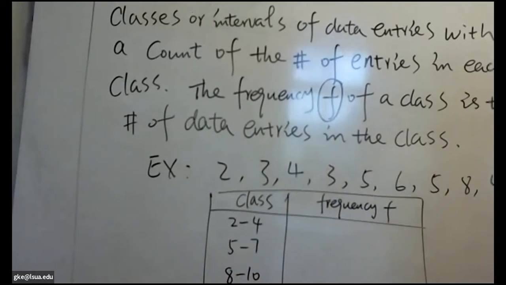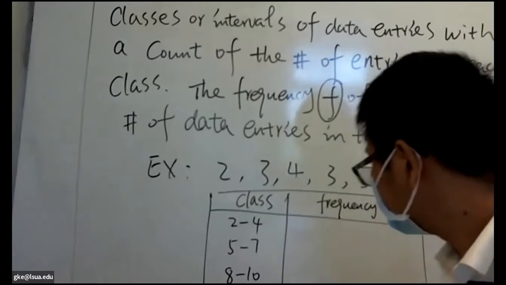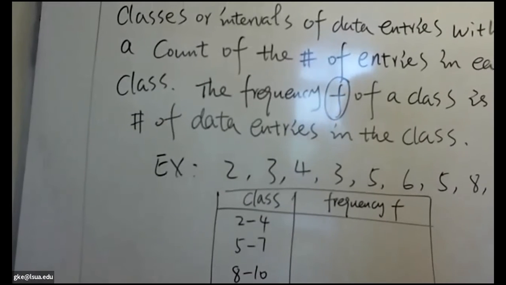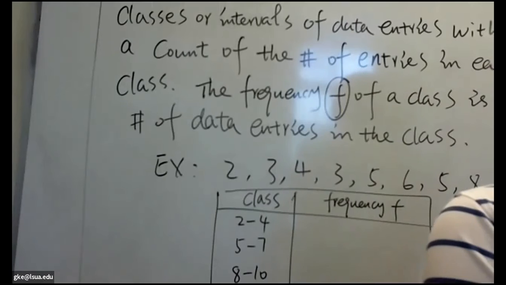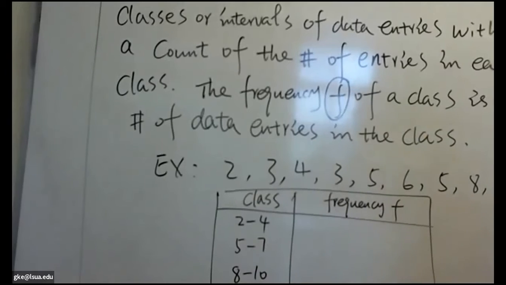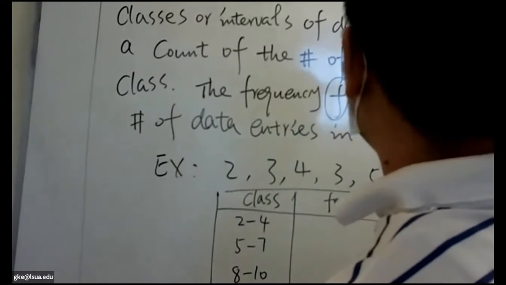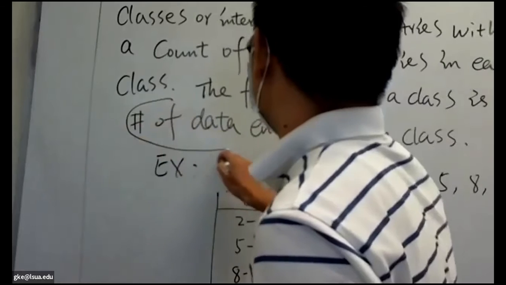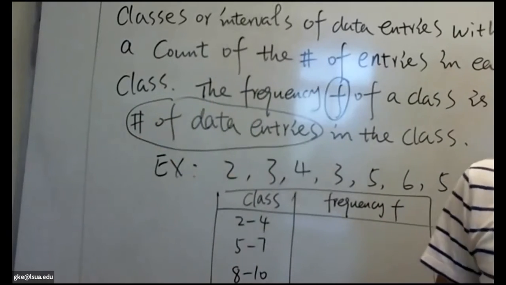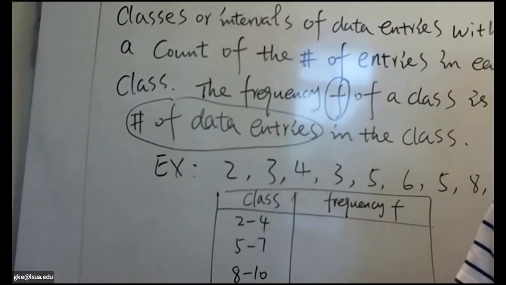So basically we divide this data into 3 classes. Now we're going to figure out the frequency. As I mentioned in the definition, frequency is the number of data entries in that class.